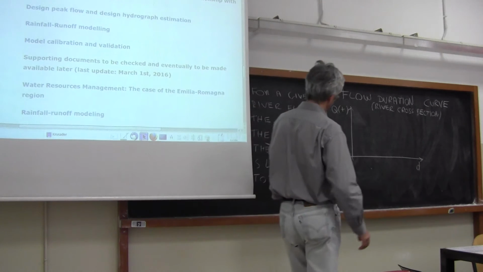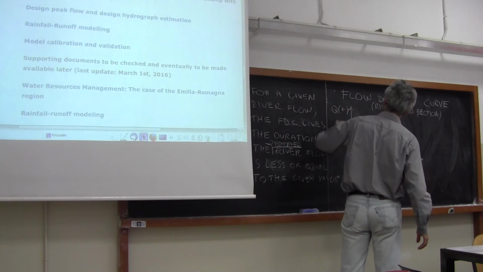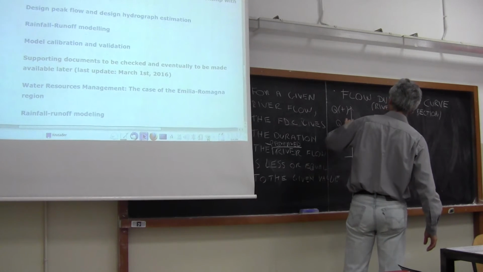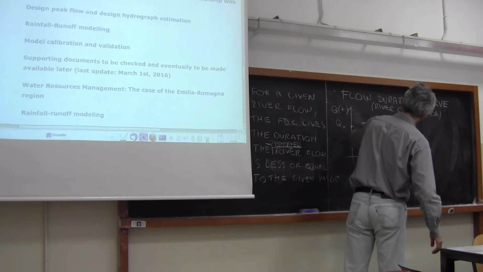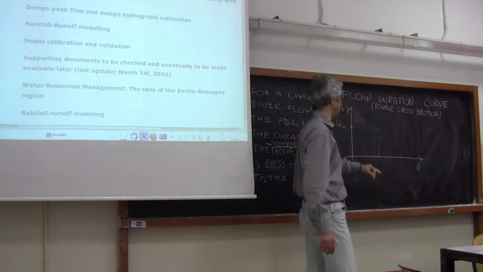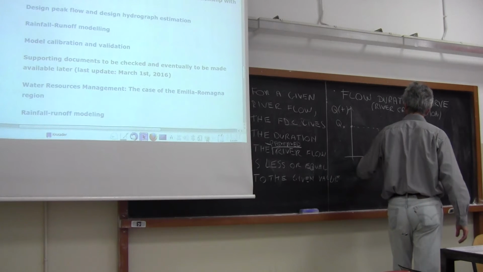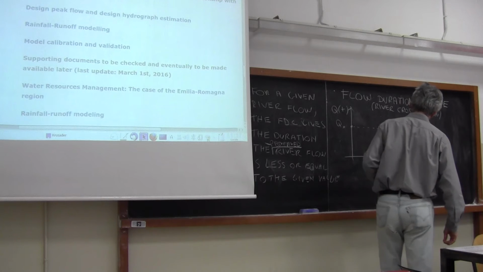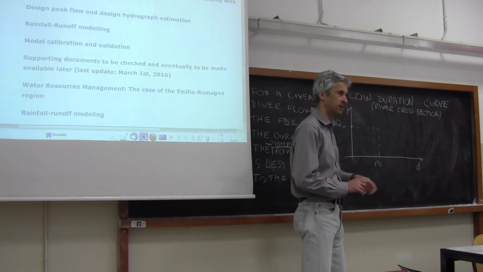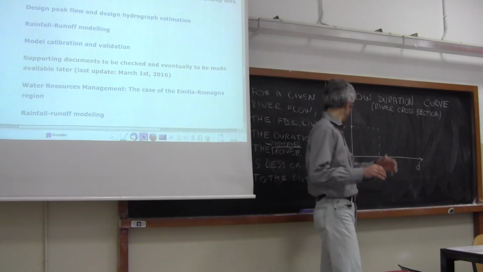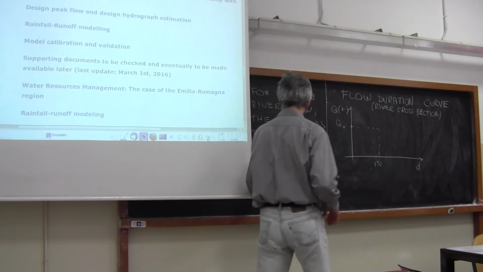So let's suppose that we assign here a river flow Q star, and let's suppose that the duration on the horizontal axis is given in days, and let's suppose that this duration is like 150. This means that in the river, I forgot here, on average, sorry.